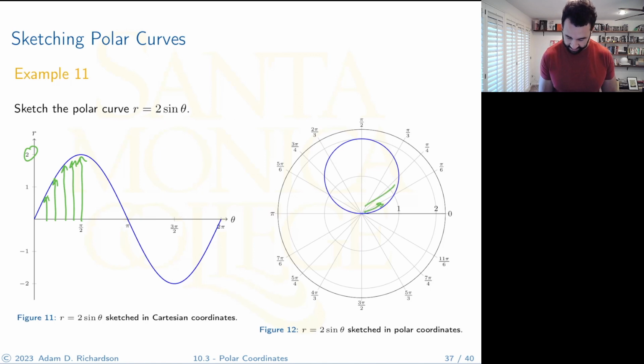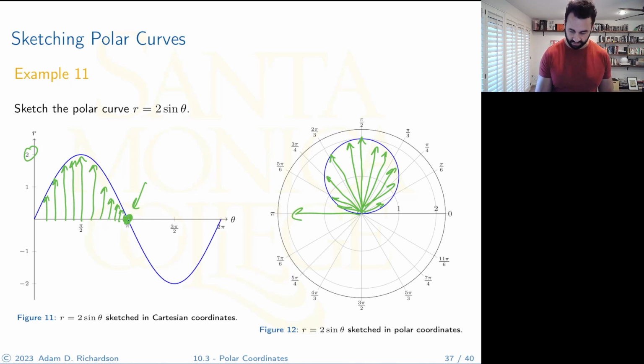So this distance right here is 2. Notice I'm on the circle of radius 2 at that point. Now as we keep going to pi, our radii decrease to 0. And then when we're pointed out this direction, we're actually not going anywhere. Our radius is 0 when we're facing that way. So we're just going to be right here at that point.